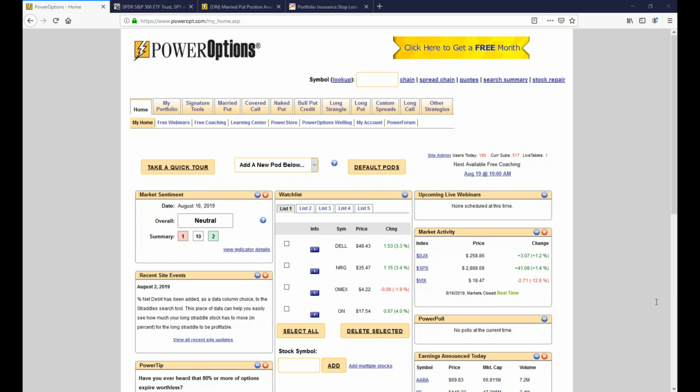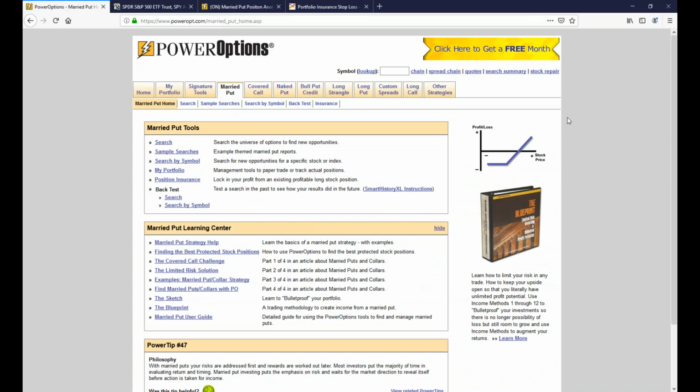What I might do, if you're expecting recovery but concerned about a decline, is look into income method number 12, which is in the income method number 4 chapter of the blueprint, to create that potentially synthetic straddle. There's a couple ways to do it. Don't do a straddle add-on to it.